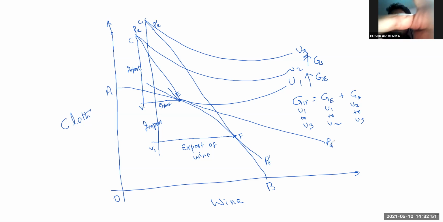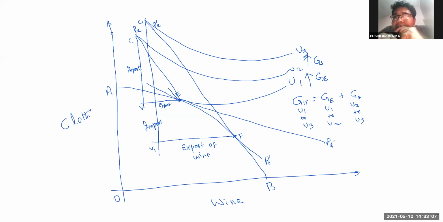So the country moved from point E to point C, but this is not the equilibrium point. This is just the gains from exchange. Now the specialization will occur, and the country will move from point C to point C1.